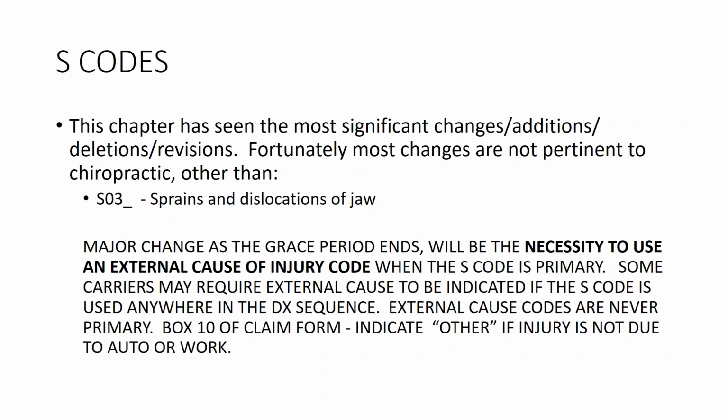If you treat jaw problems that are a result of a sprain strain, then you need to look at that chapter and that segment of revision to see what those revisions are, okay? But one of the things that is going to change as this grace period ends is the necessity to use an external cause of injury code when the S code is in the primary position.